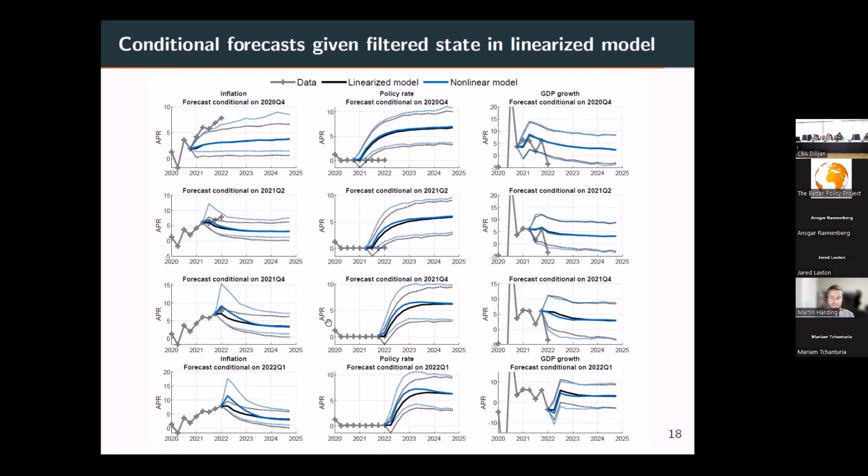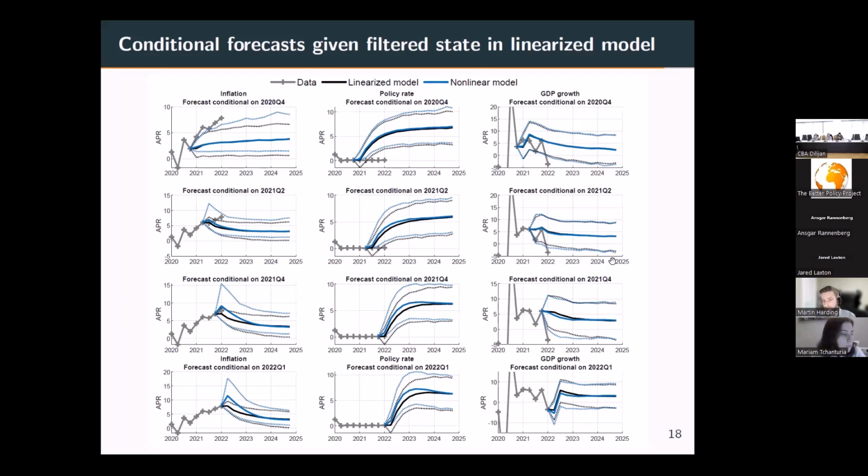Now, this is associated with, of course, a stronger response of the policy rate and more probability mass to higher interest rate increases down the road because of the higher inflation risk associated with the nonlinear model. So this translates also into giving more probability mass to sharper or more aggressive tightening paths for the central bank.